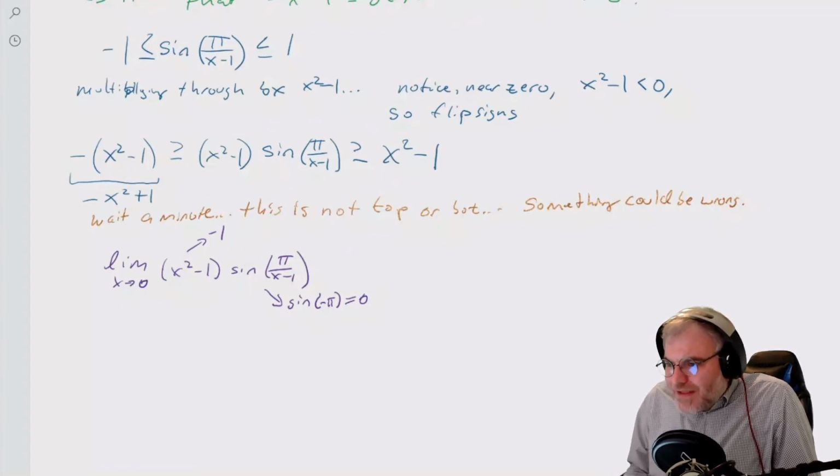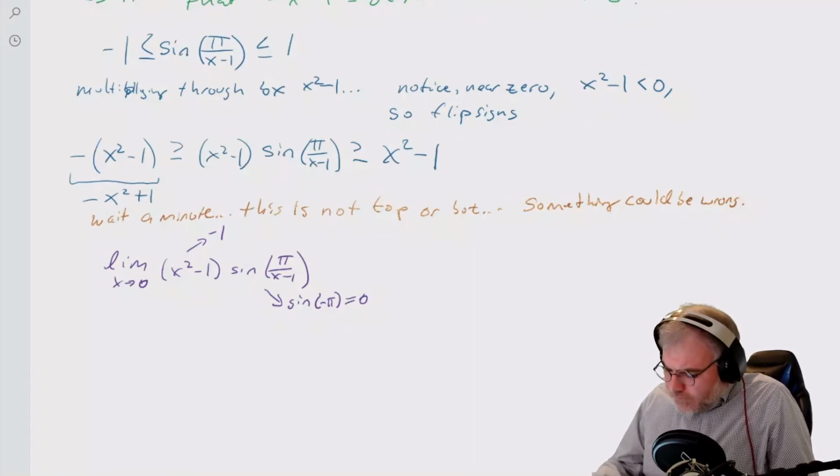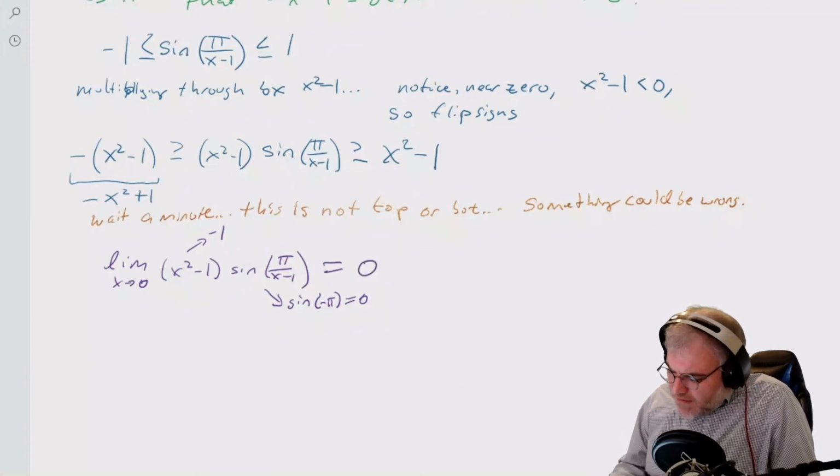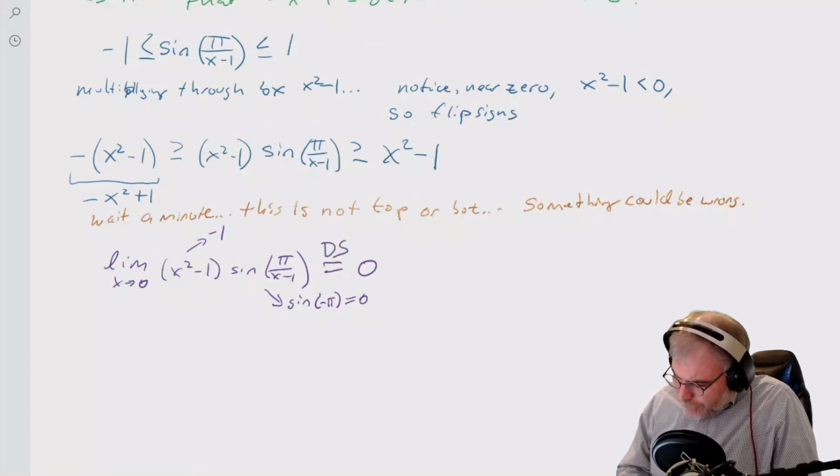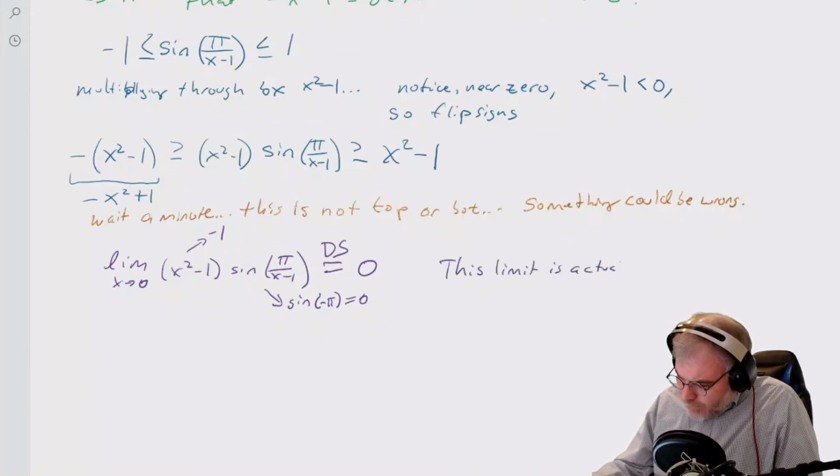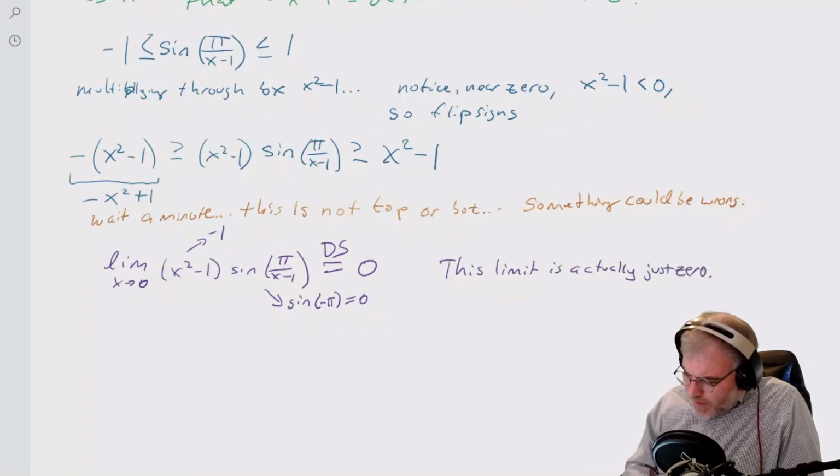The answer is no. That's a perfectly fine number. 0 is a perfectly good number. This limit is actually just 0.